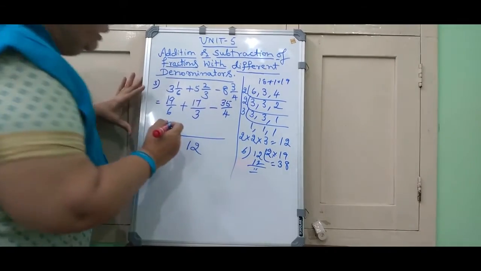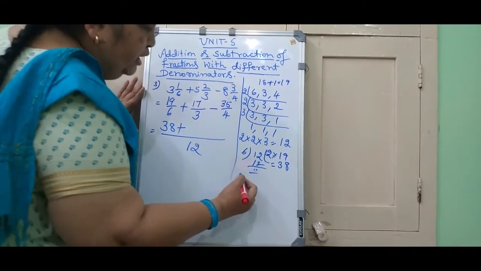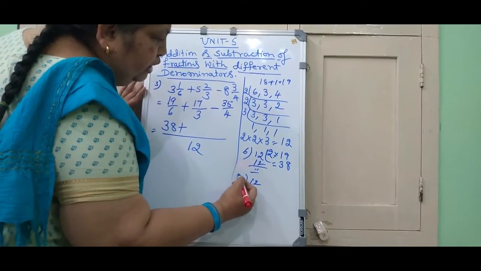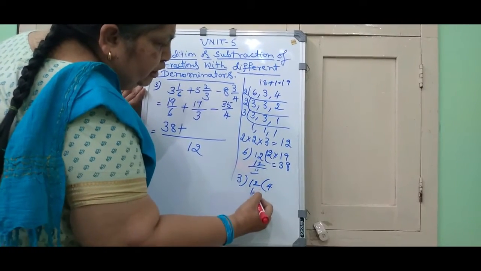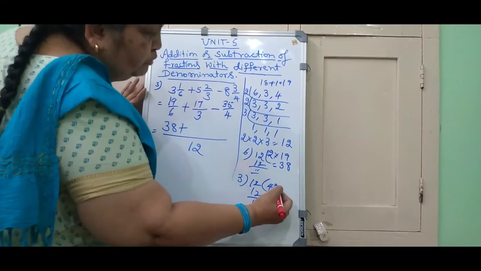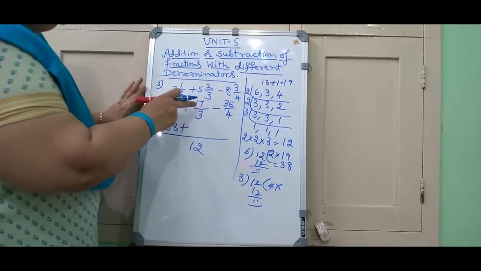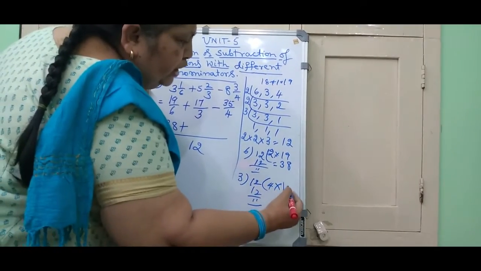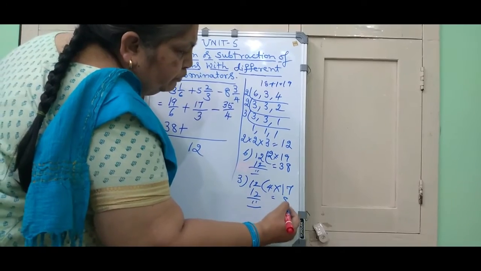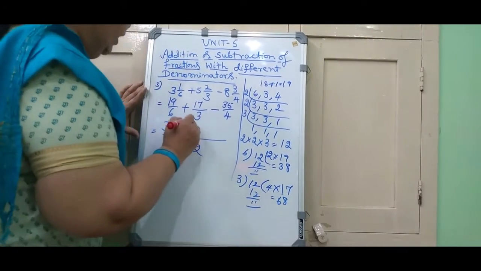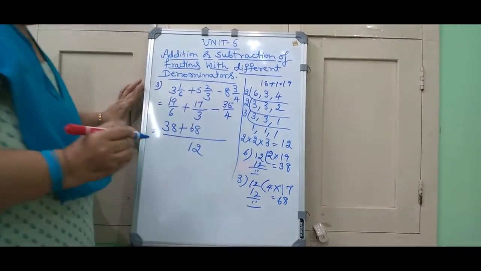I am writing here 38 plus again this 12. 3 4s are 12. This 4 must be multiplied by what number? 17. So here we should be careful. This will be 68. So write 68 here.